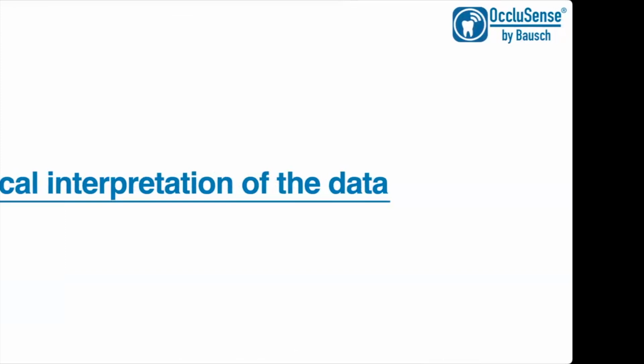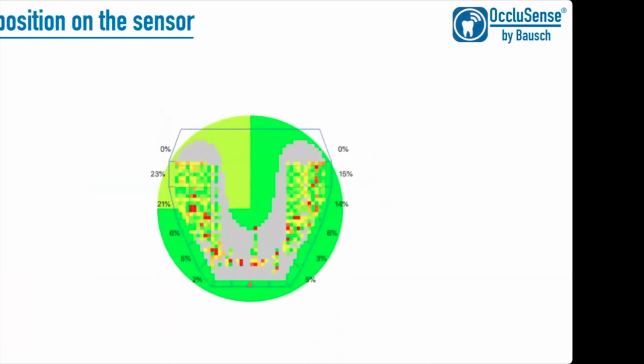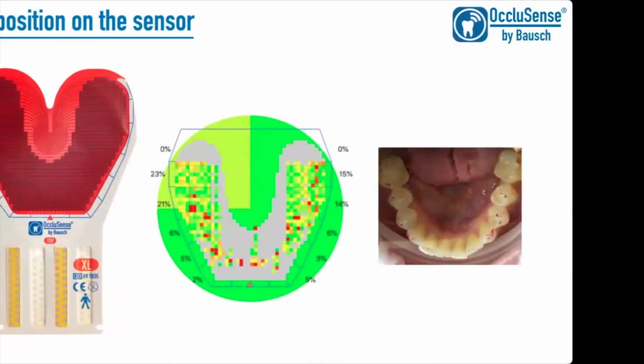And to now clinically interpret these data sets that we receive, you need to ensure that the midline on your sensor is the midline of your patient's mouth. And the red triangle or the red line on the sensor that I've marked for you here with the black arrow needs to be inserted in your patient's mouth into the midline.